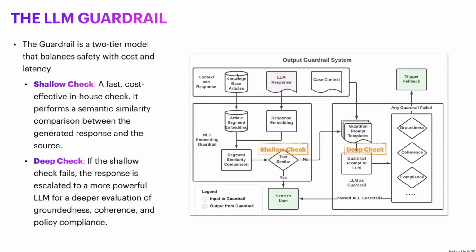When a knowledge base article is processed into embeddings, and then the LLM generates a response, it will be put together with a segment similarity comparison and passed into some algorithm first to check whether the text is similar. This is generally checking the relevance, the answer relevance, between the LLM response and the knowledge base context, right? So this is one of the important metrics that we mentioned earlier in the evaluation.